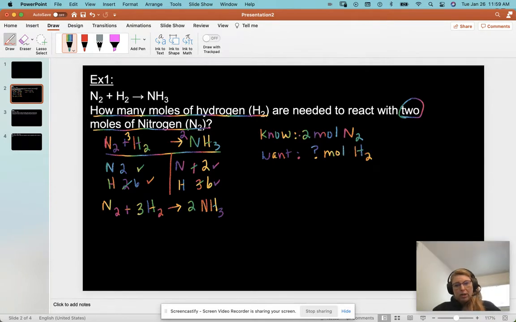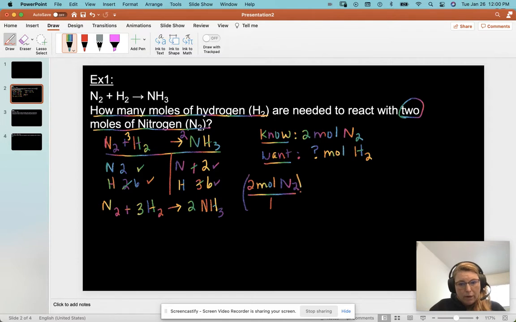So now that we know what we already know and what we want to know, we can start putting these things into a mole ratio in order to find the answer. When we use a mole ratio, we always start with what we know and put it over 1. So in this case, what we know is 2 moles of N2, and I'm going to put that over 1.